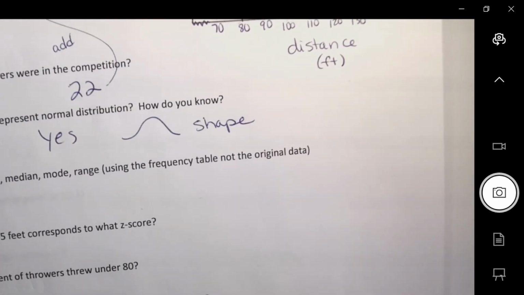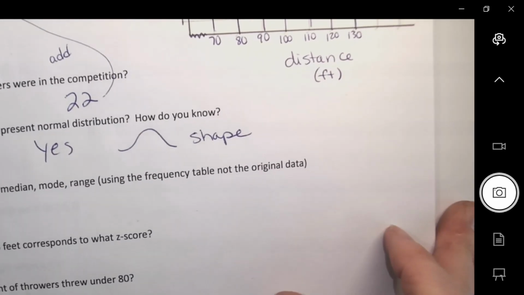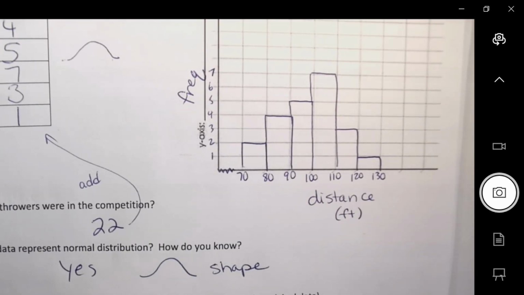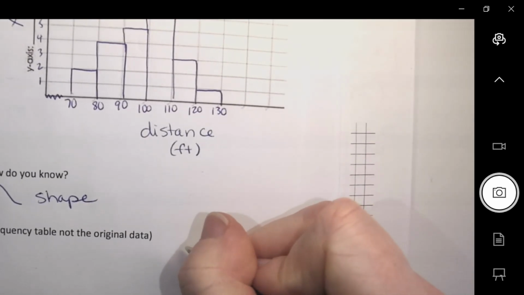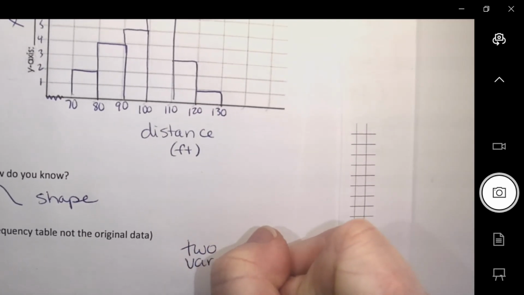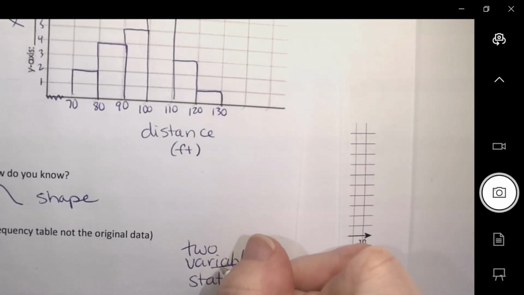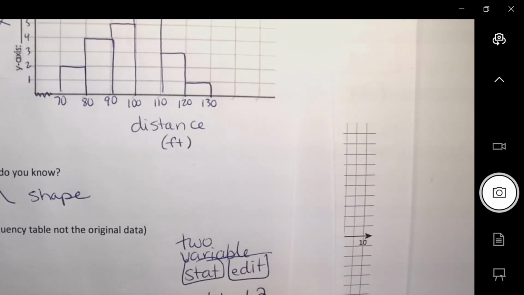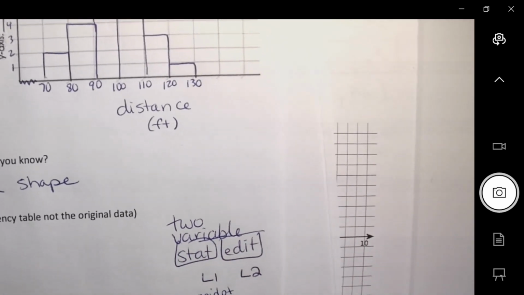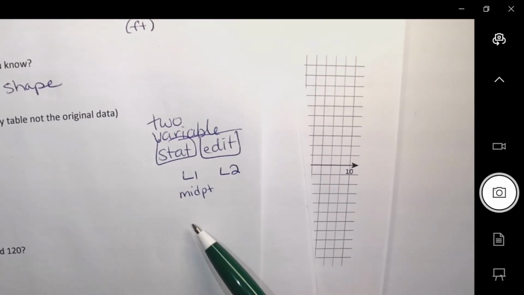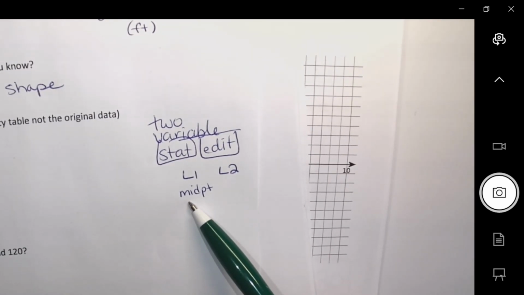Okay, we're going to have to figure out mean, median, mode, range. So we're going to go into our stat edit. I don't know if we want to write something new on our cheat sheet. So when we do 2 variables, you're going to put the midpoints in L1.